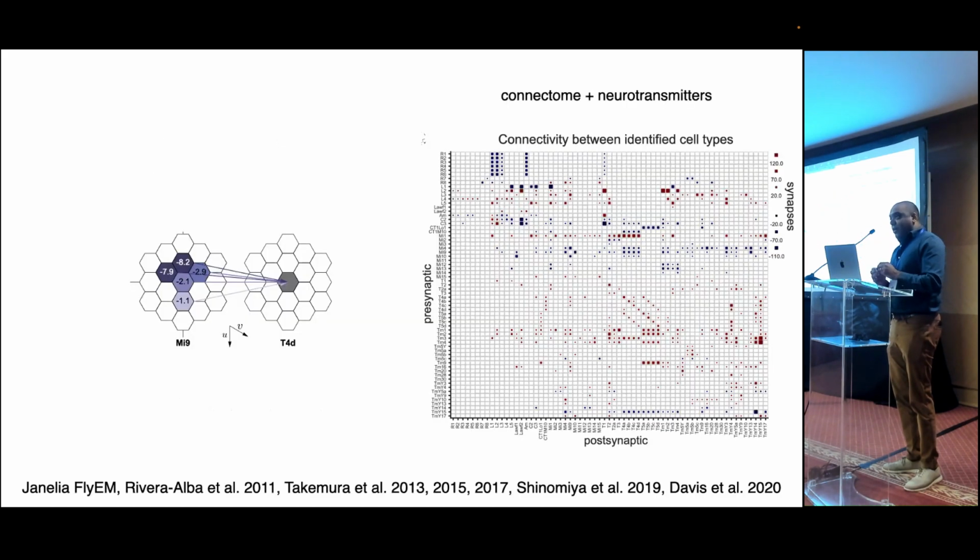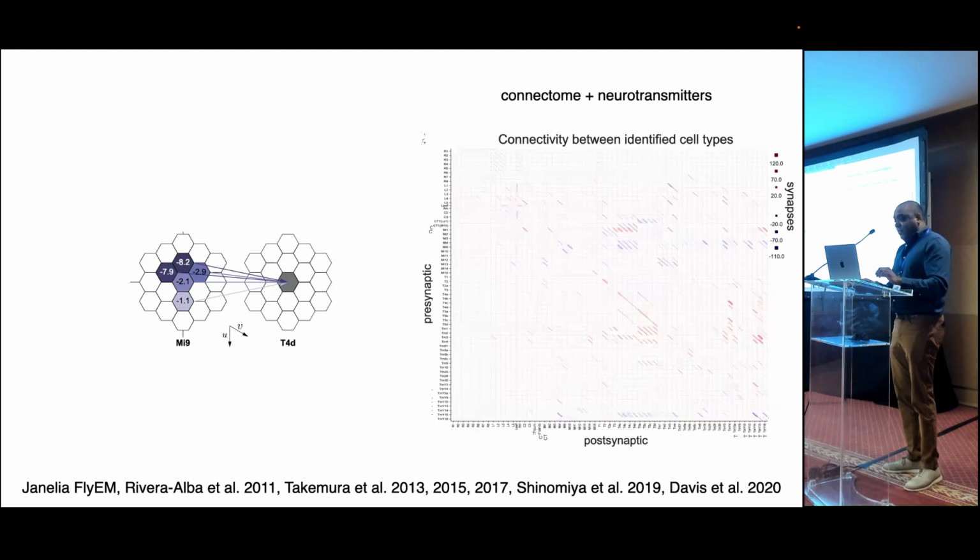We also know for each pair of cell types, let's say you have Mi9 and T4d, we know the spatial organization of the connectivity. And so the numbers that you're seeing here are the average number of synapses that you would see between a neuron and a neuron that's displaced spatially in each of these directions.